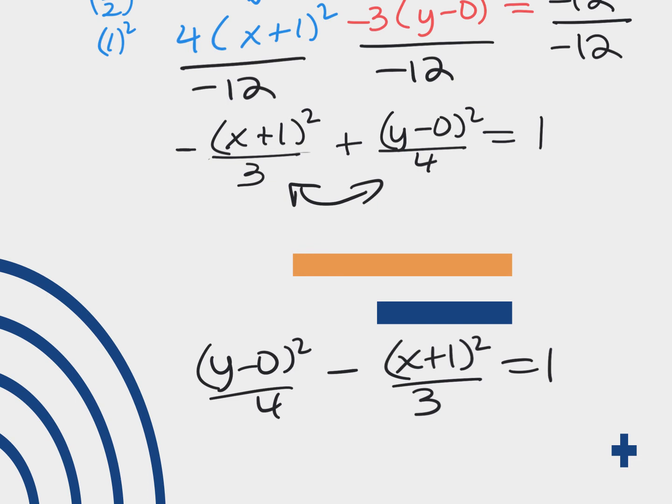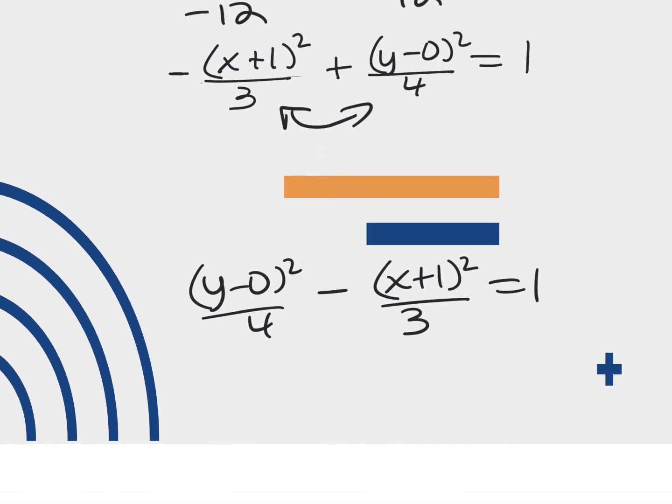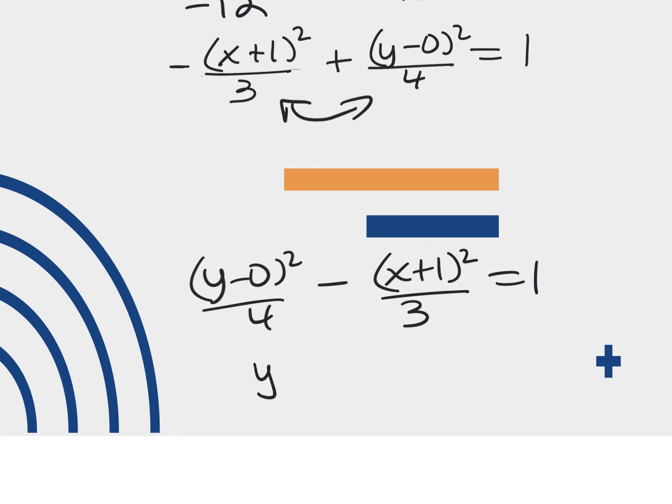Now, for the first one, I don't need to show the minus 0. So this should just be y squared over 4 minus the x plus 1 squared over 3 equals 1. Now, before I pulled the 0 out, remember this is k, this is h.